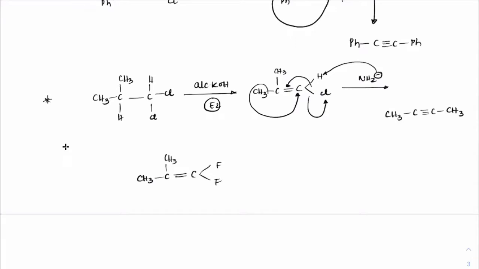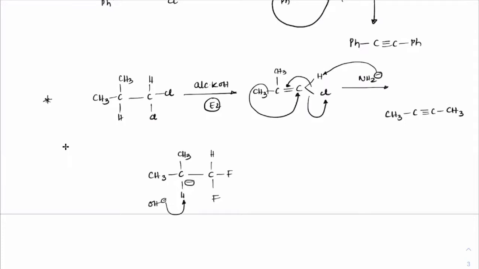In case we have fluorine, then what would happen? That is your question. If we have H here, like this, and there is fluorine on the other side, first you have to expect the elimination from here. Even in the case of fluorine, the elimination will take place, but the mechanism is slightly different. If you have F and F here, OH minus will extract the proton from here first.